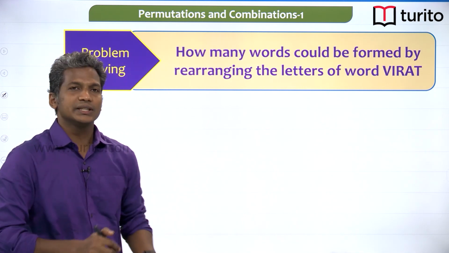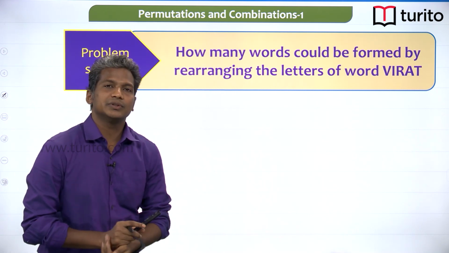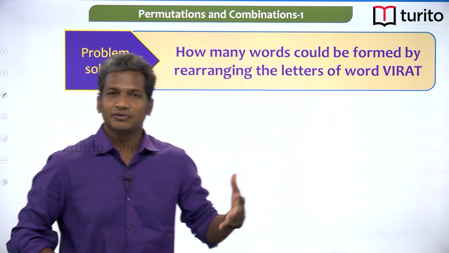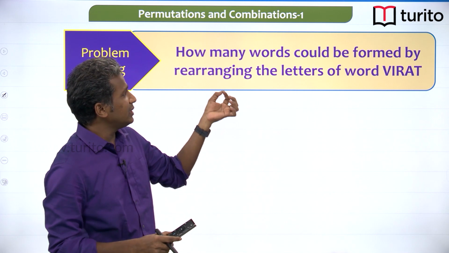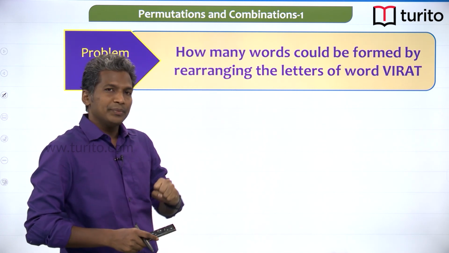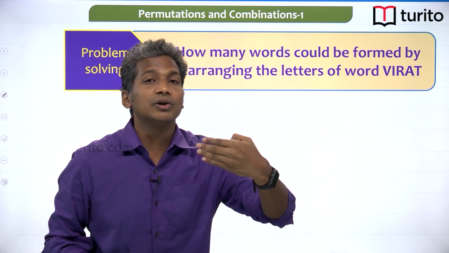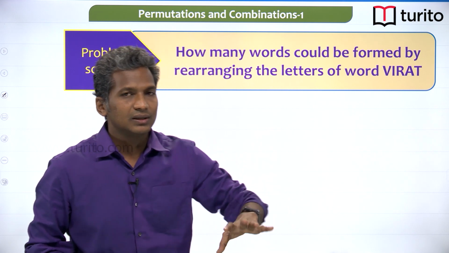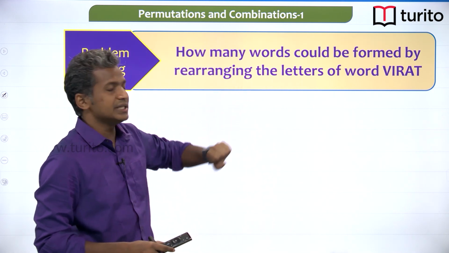Let us say the question is how many words could be formed by rearranging the letters of the word Virat. I am a fan of Virat, so I will use his name. How many words could be formed by rearranging the letters? How many letters should be there in the required word is not directly mentioned, but it is said that we are rearranging.